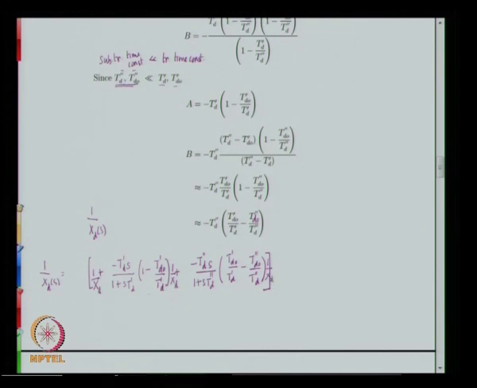And now what we note is, if you look at this term, that becomes 1 by xd minus 1 by xd into T dash d by T dash do, and we know that xd into T dash d by T dash do is nothing but xd dash, which is the direct axis transient reactance.